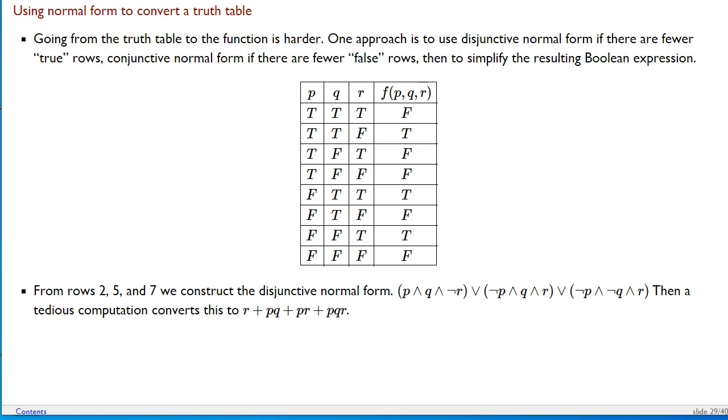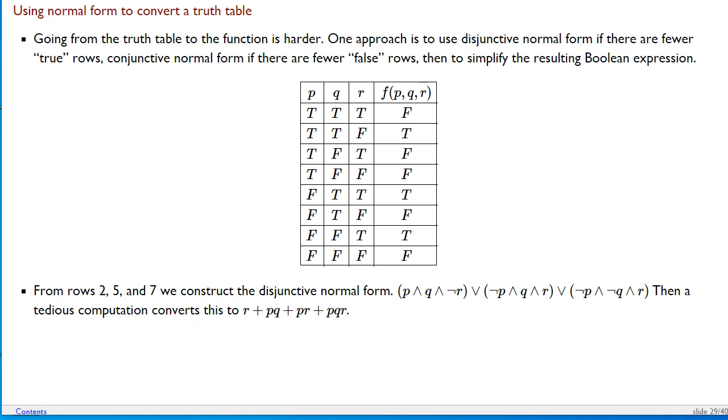We convert the second row into p and q and not r, the 5th row into not p and q and r, the 7th row into not p and not q and r, and OR them all together.